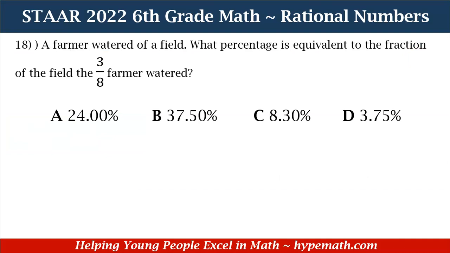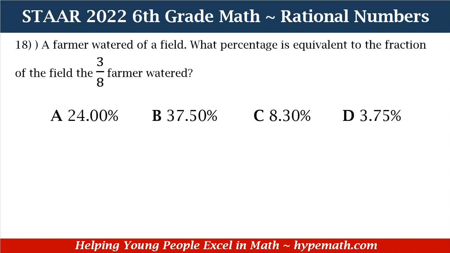Now let's look at number 18. A farmer watered a field. What percentage is equivalent to the fraction of the field? 3/8 is what the farmer watered.